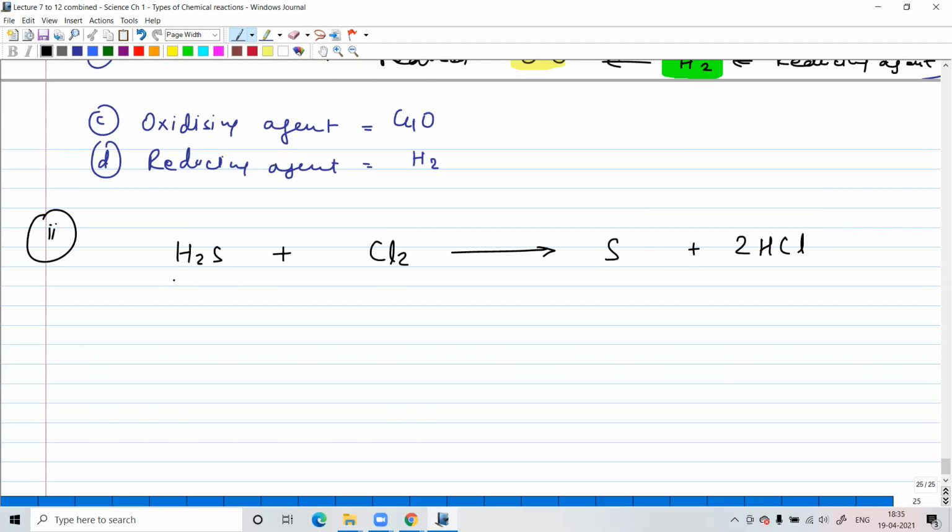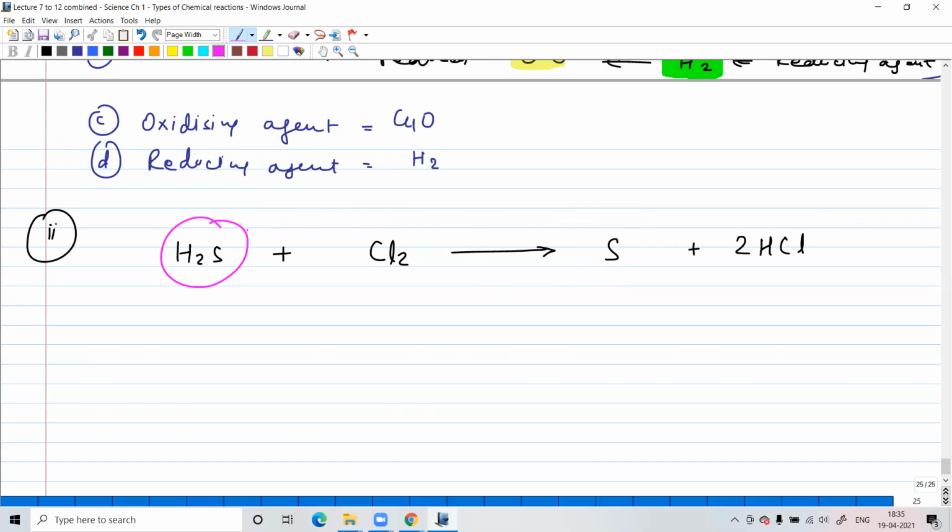Now tell me, where is the oxidation happening? Where is the reduction happening? Who can tell me? Oxidation with hydrogen sulfide, sir. Yes, hydrogen sulfide is getting oxidized to become sulfur.